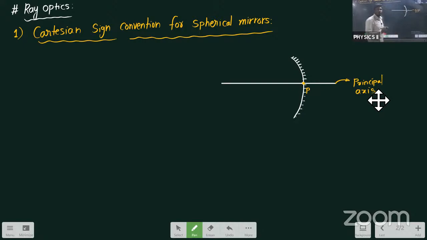Now see here. What is the Cartesian sign convention? This is very important for solving numericals, even for deriving different formulas. This Cartesian sign convention is required. Now everyone see here carefully.